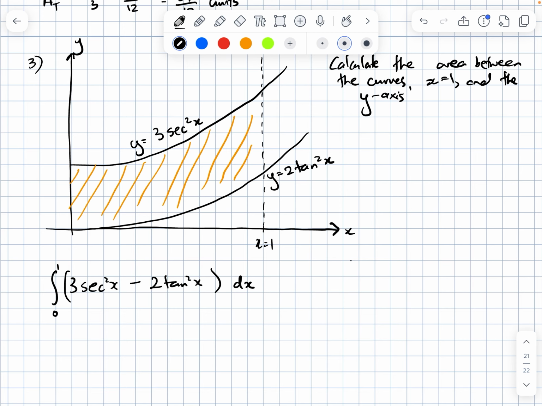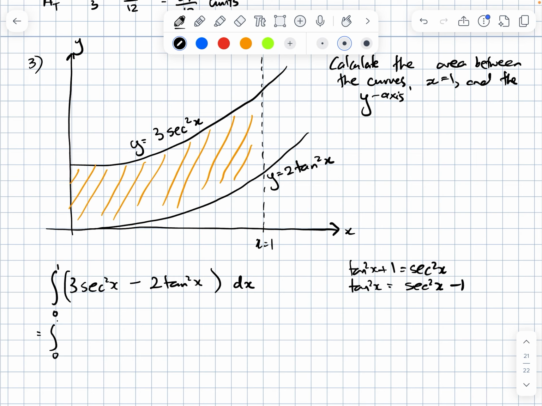Now, it just so happens that tan squared x plus 1 is sec squared x, which means that tan squared x is equal to sec squared x minus 1. So we can substitute that into this equation.